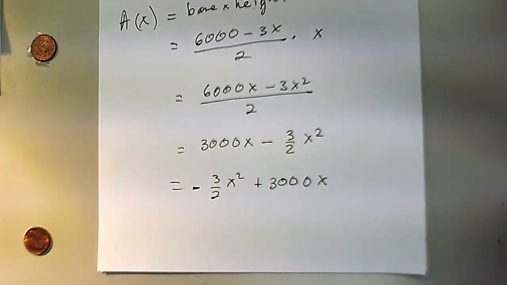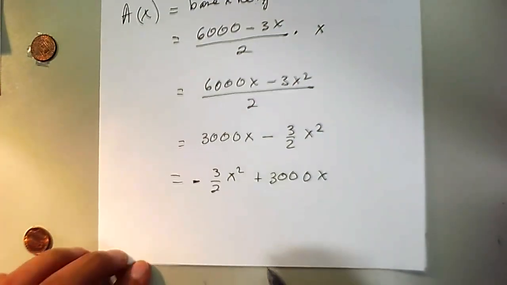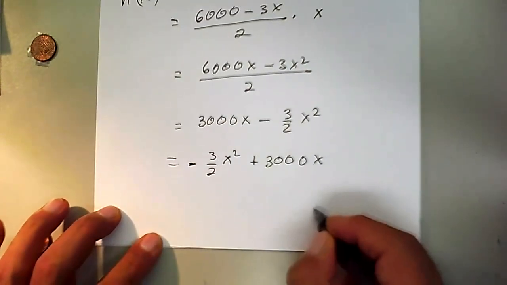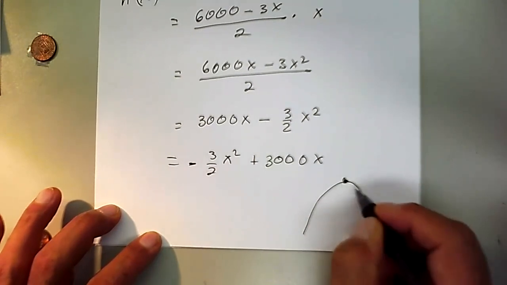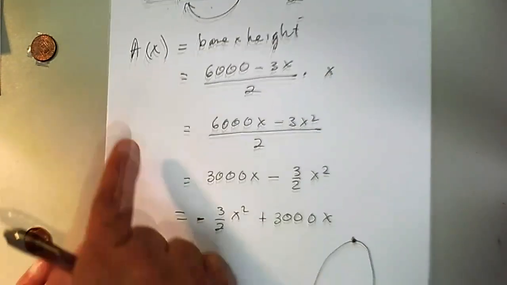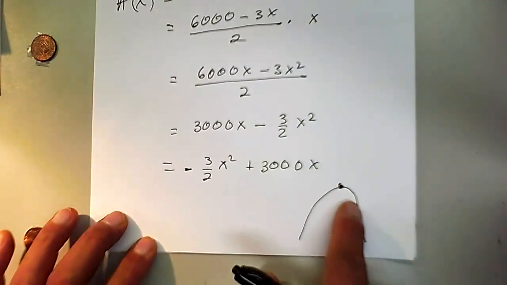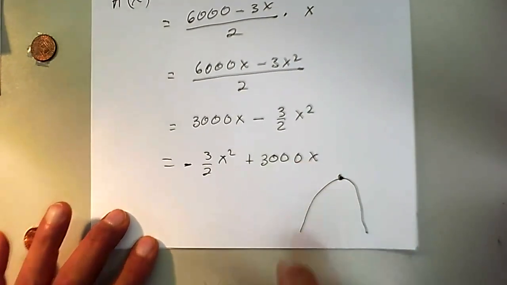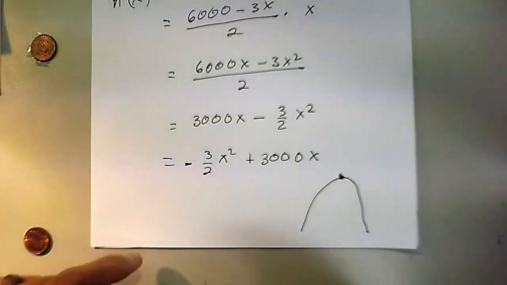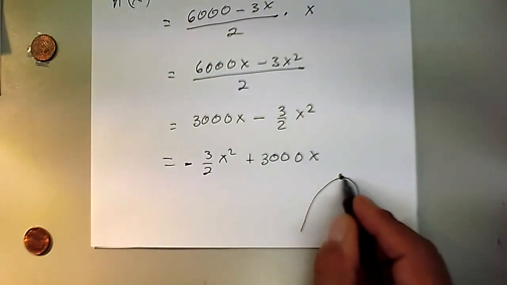What we want to know is what the maximum is. This is a parabola that opens down. So it does this. And we're going to find the maximum area. This represents the area. We want to know what x value causes the area to be maximum. So we want the vertex.